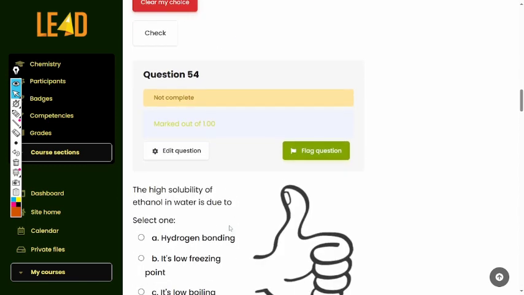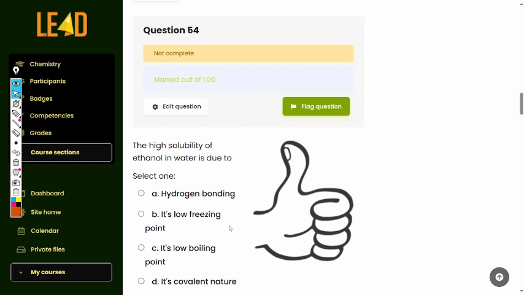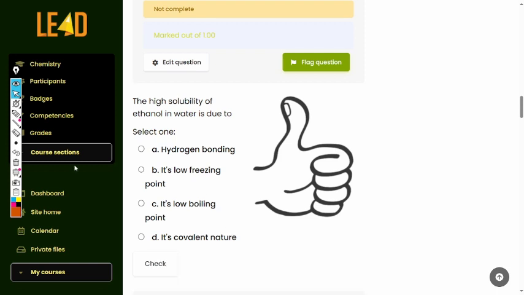Alright, 54. The high solubility of ethanol in water is due to, okay, so although ethanol is an organic compound, it's a hydrocarbon, it's able to dissolve in water because, so ethanol is C2H5OH, okay?